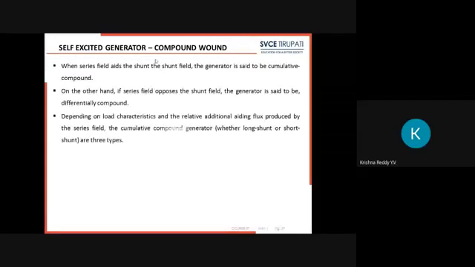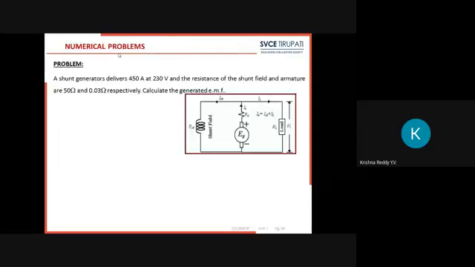Now we are discussing problems on different types of generators. A shunt generator delivers 450 amperes at 230 volts. Here he mentioned the shunt generator delivers, which means he has given the load current IL.